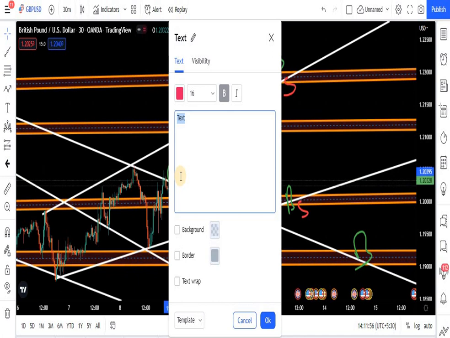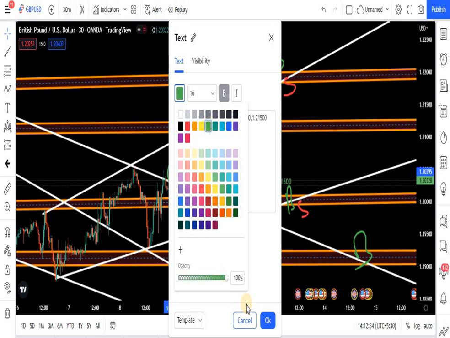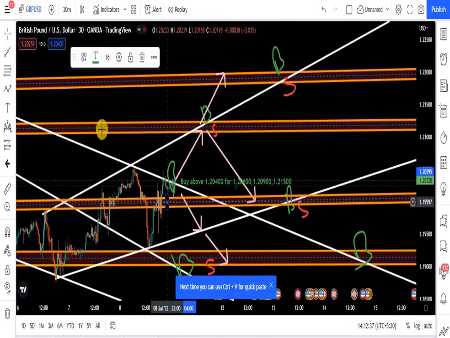So for buying, buy at 1.20400, for targets 1.20600, 1.20900, or 1.2155. So this is a buying area, and you look at the charts and wait for rejection from those areas.